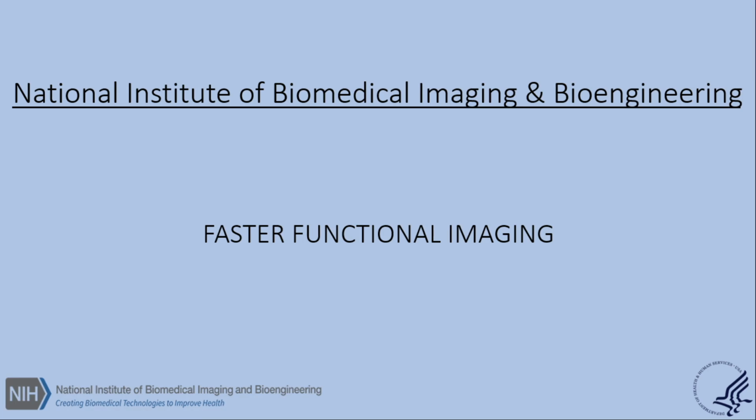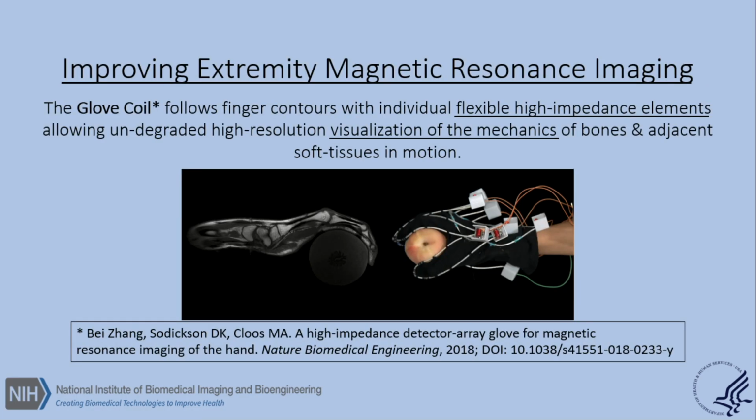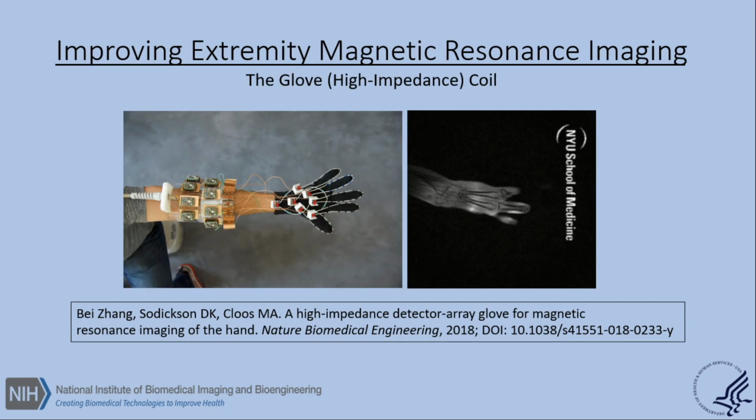Now, since I said we're going to functional imaging, I'll show you an example. This is the kind of thing we would do. This is Dan Sodickson, who's at Columbia in New York, and his colleague Zhang. They've created a glove coil which has high impedance flexible elements built into it, and the person just puts their hand in there, and you can actually visualize the motion between the fingers, so you can see here.